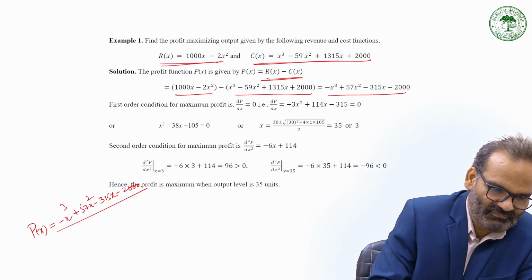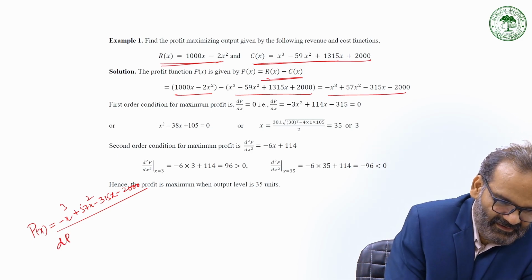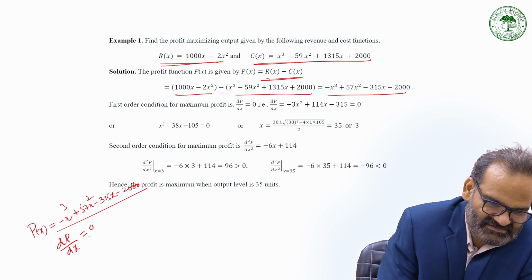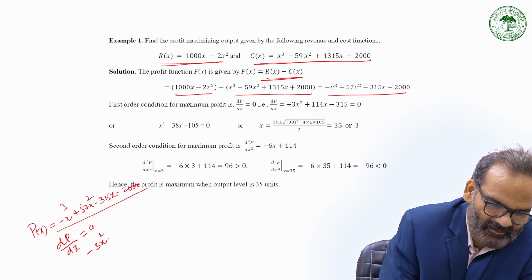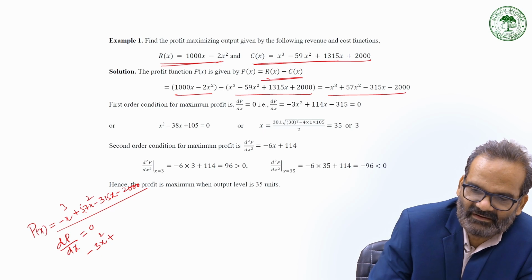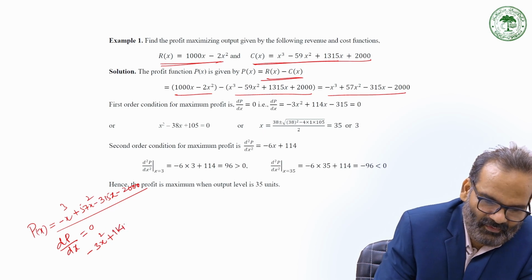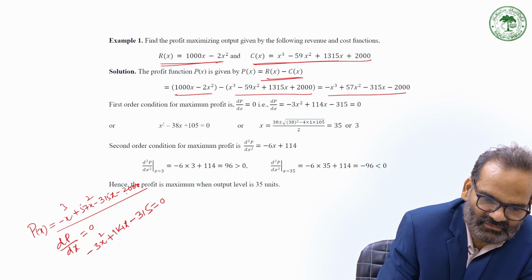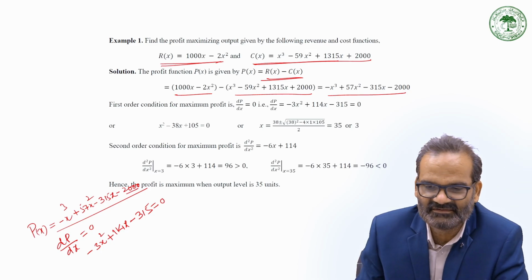So we know that the first order condition is what? dP over dx is equal to 0, right? Find its derivative. What will be its derivative? Minus 3x square plus 57 into 2, that is 114x, minus 315. This is equal to 0. 2000 is a constant, so its derivative will be 0.